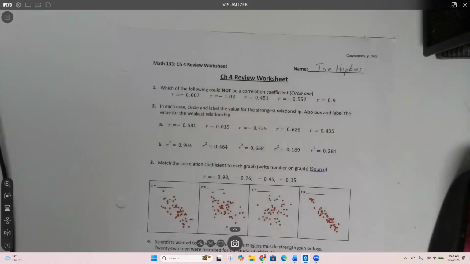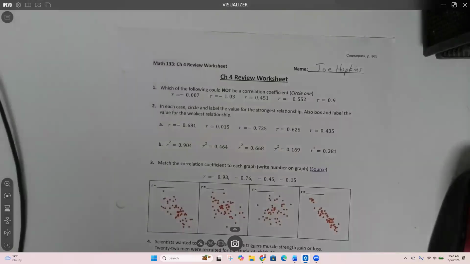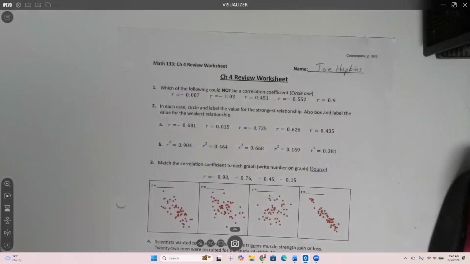How many kids you have versus how much money you spend on clothing each year. You would expect that the more kids you have, the more money you spend on clothes. So we can see if there's a relationship.